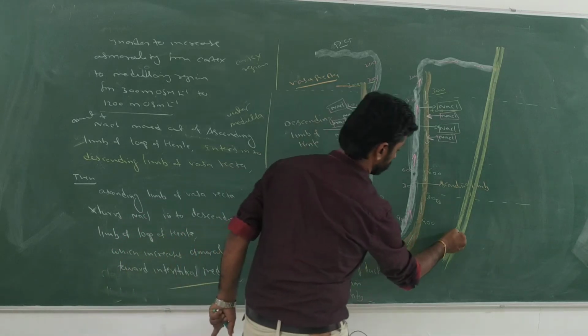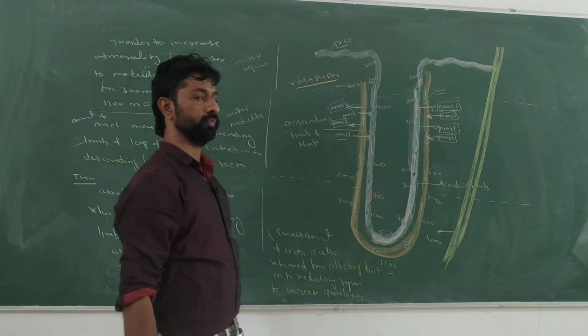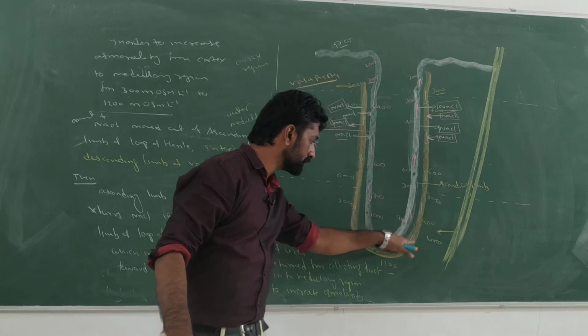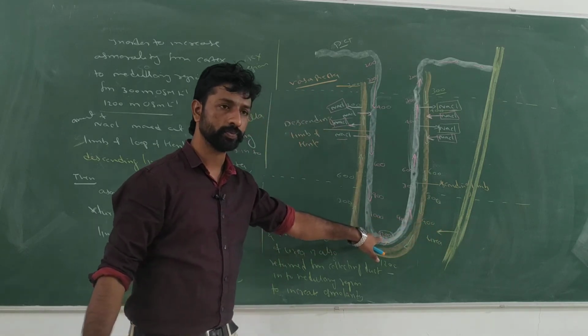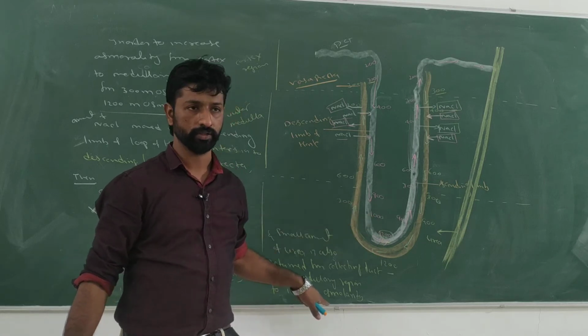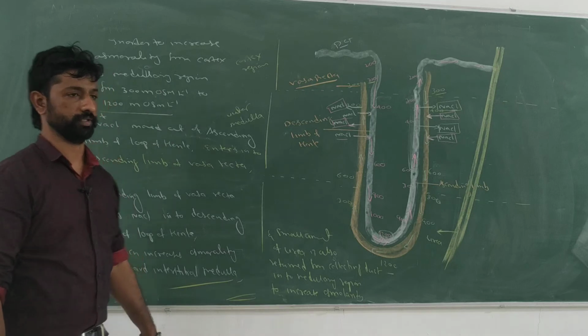So here we can represent that urea. This small amount of urea returned from the collecting duct into the interstitial medullary region also plays an important role in increasing the osmolarity in the interstitial medullary region. So this is the countercurrent mechanism of concentrating the filtrate.